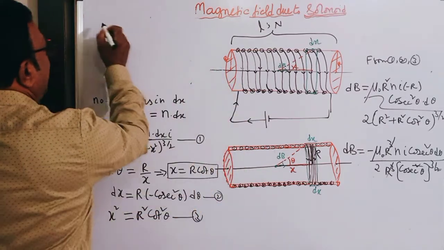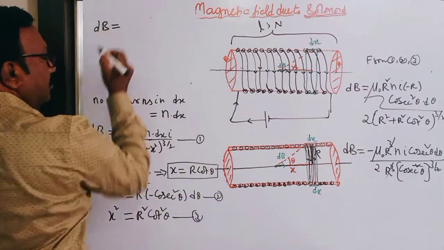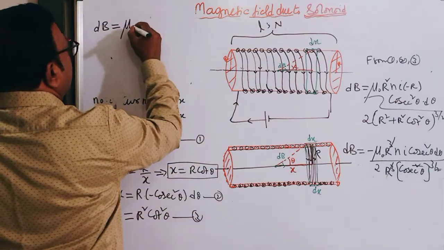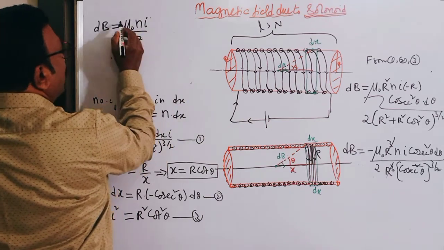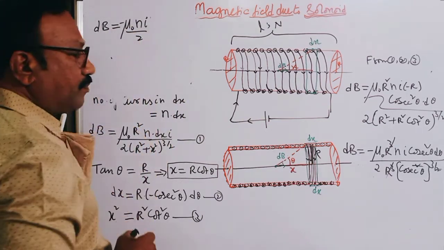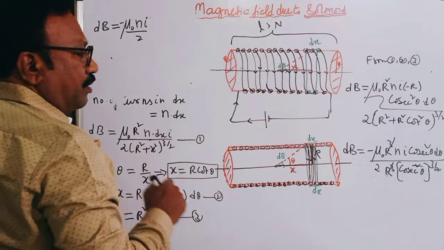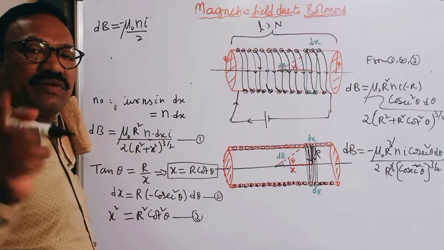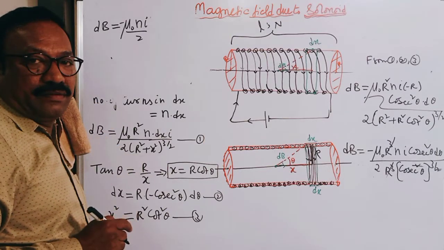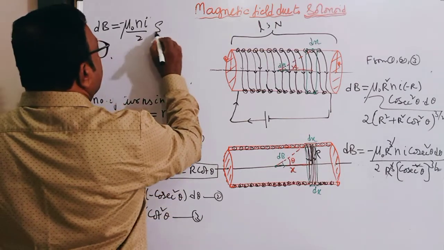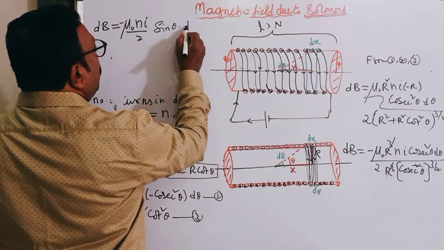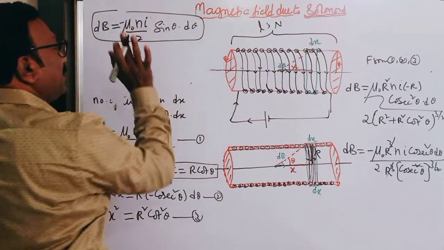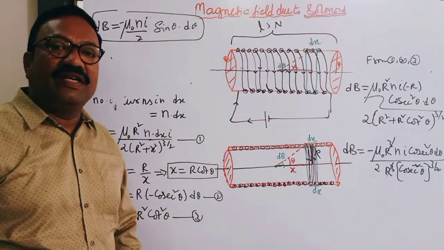So this dB is equal to, of course minus sign is there, mu naught ni by 2, cosec square theta divided by cosec cube theta, so 1 by cosec theta. 1 by cosec theta is what? Sin theta into d theta. So this is the expression I got, only theta is there, x is eliminated. Now it is easy for integration.